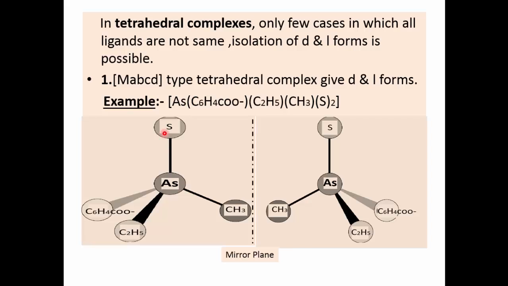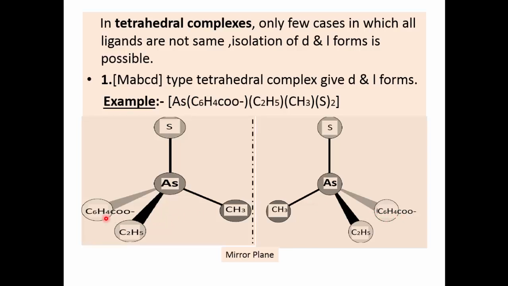So see here, this is sulfur attached to arsenic. This is C6H4COO minus. This is C2H5. This is CH3. Here a mirror is placed. So what happened? There is no change in the position of sulfur as well as C2H5, but this CH3 is transferred to the opposite side due to the mirror, as well as the C6H4COO minus.